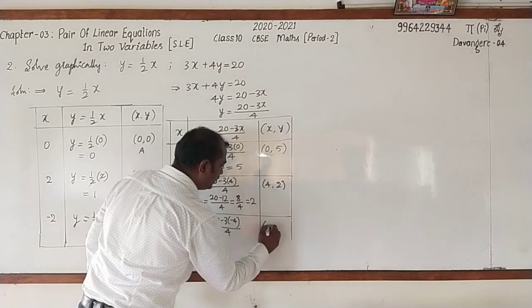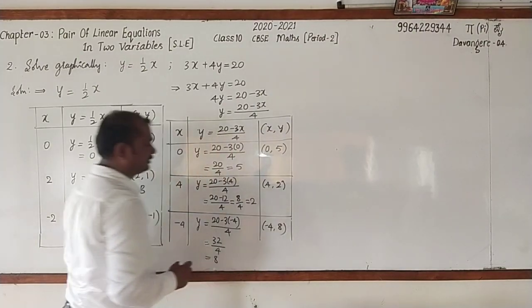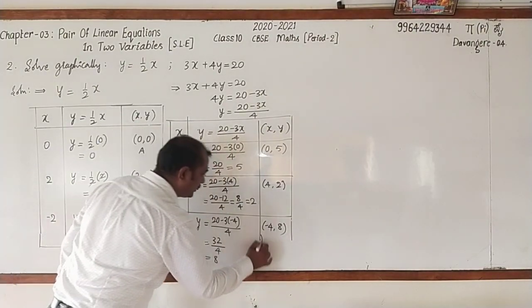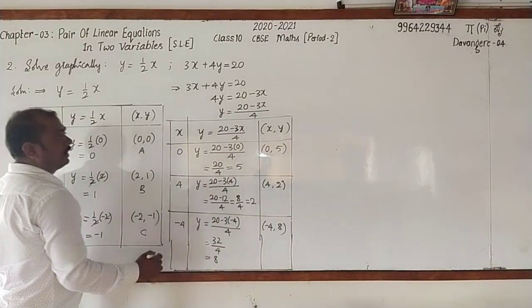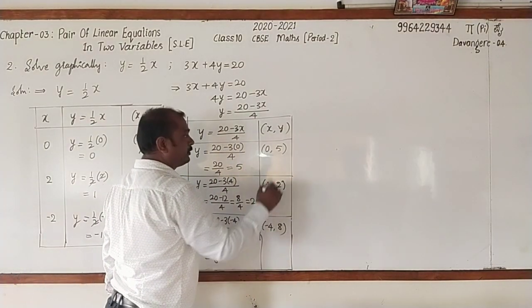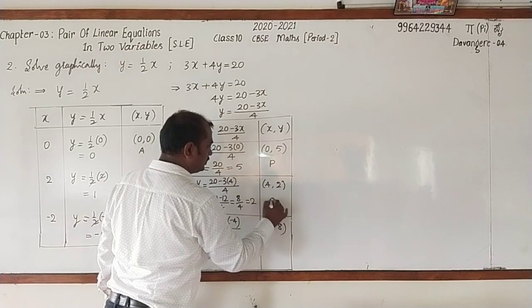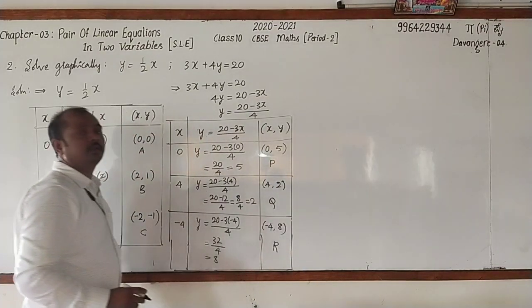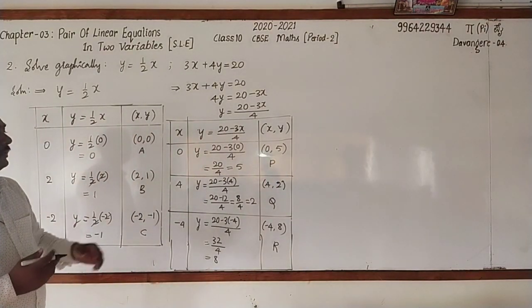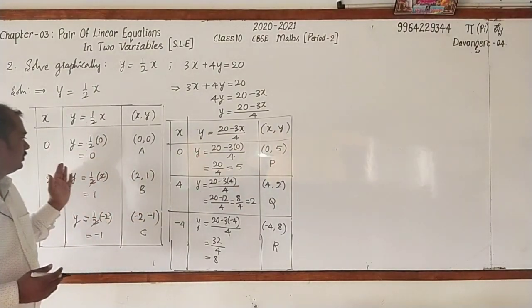So minus 4 comma 8. So now we have prepared the table and let us call these coordinate points as P, Q and R. Now let us draw the graph for these two.